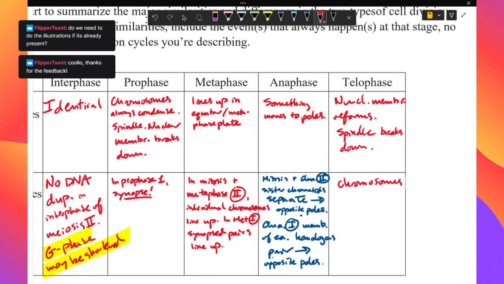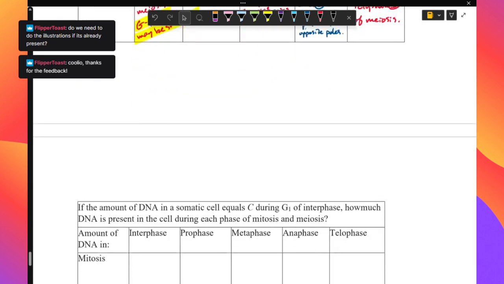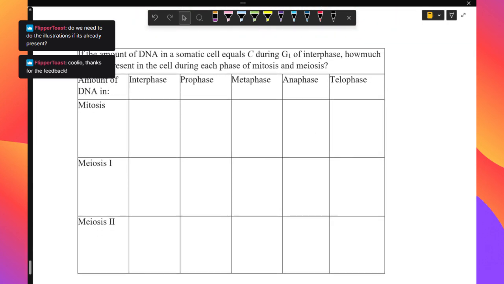Chromosomes don't usually uncoil during telophase 1 of meiosis. Just a little further to go.